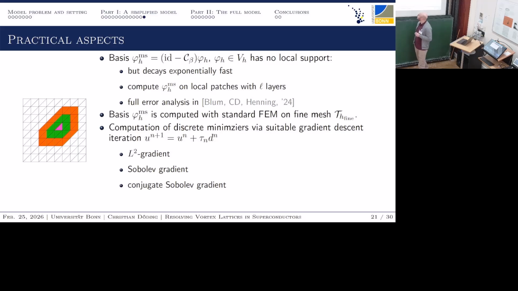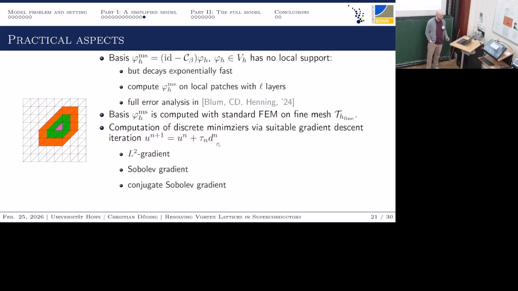I just told you something about the approximation properties and not how to compute it actually. Now I refer a little bit to Daniel's talk, where we had this gradient descent or steepest descent method that you can use to actually compute such a minimizer.